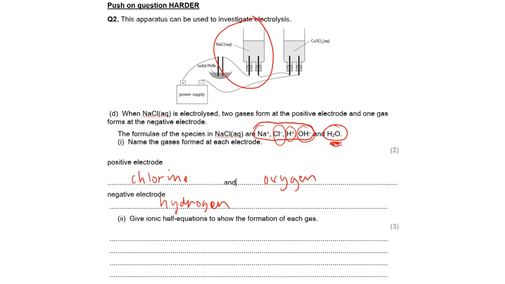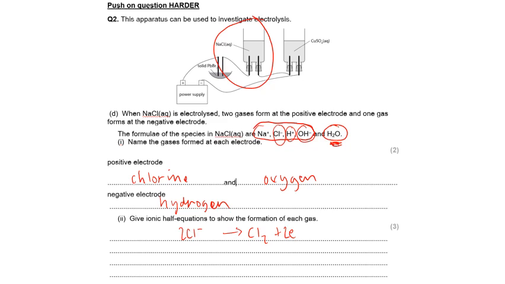Now, it's asked for ionic equations to show the formation of each gas. So your first one is chlorine. Your chloride is being discharged to form your atom, which is diatomic. Now, you're going to put your electrons at the end here because it's lost electrons, then you need to balance it. Then your next one is oxygen.